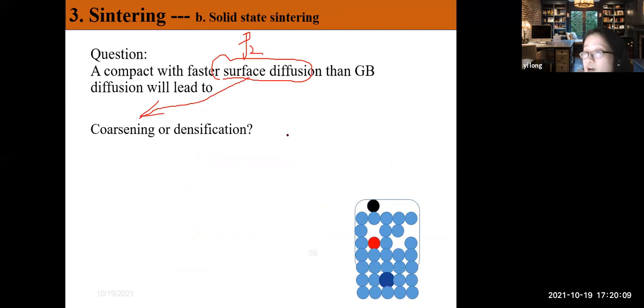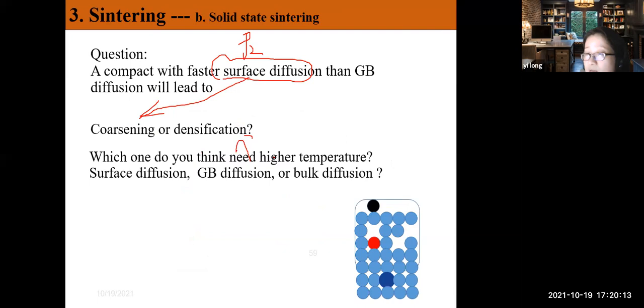If you want P4 and P5, then you will have densification. This means normally your grain boundary diffusion is higher than the surface diffusion, so if you want densification, you need a bit higher temperature. This is an example of how temperature influences densification.